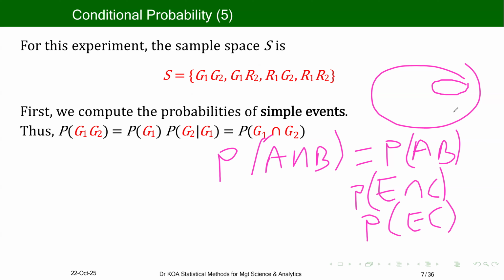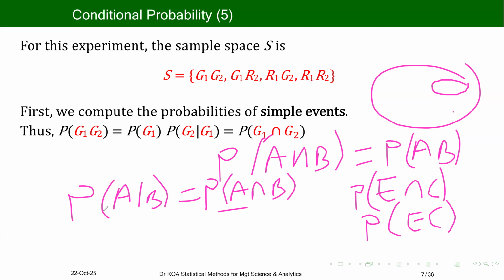So the probability of EC is the same as the probability of E intersection C, which is deducible from the conditional probability formula, because the conditional probability of A given B is the probability of A intersection B all over the probability of B. And therefore, when I cross multiply this very one here, let me circle it, this can be rewritten as the probability of AB.